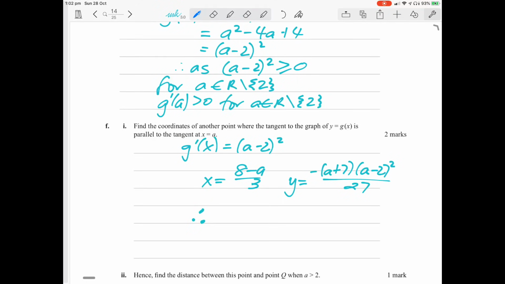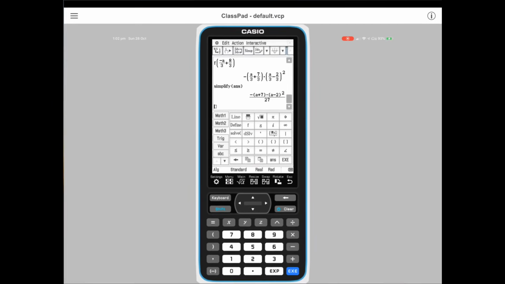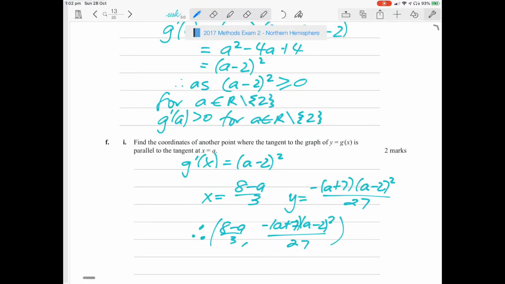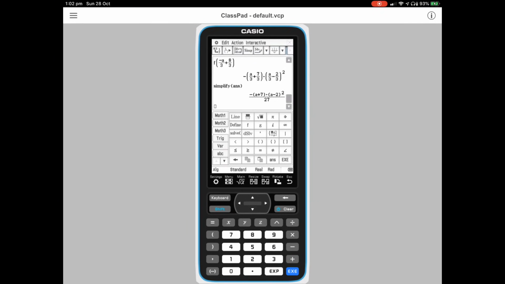So therefore, (8 - a) on 3, and (a + 7)(a - 2) squared on 27. Don't know if I've copied that down right. Did I stuff something up?